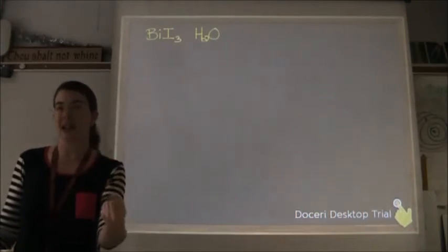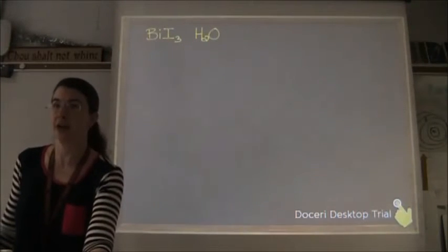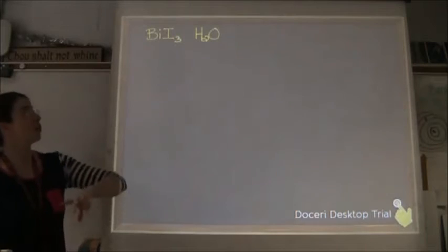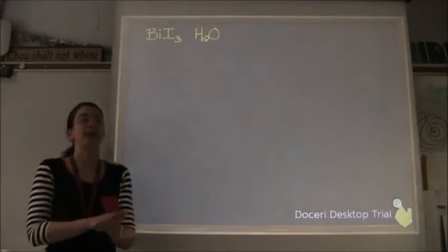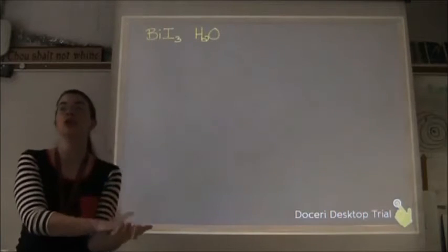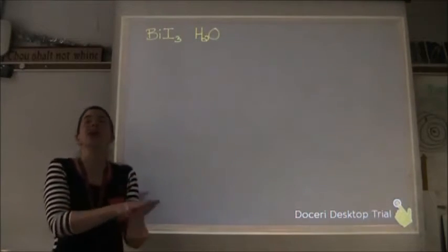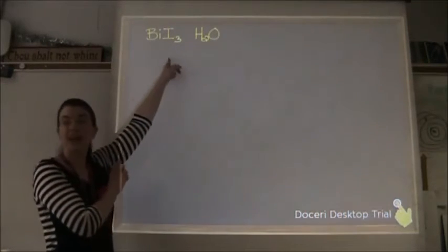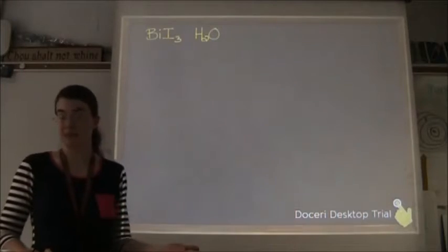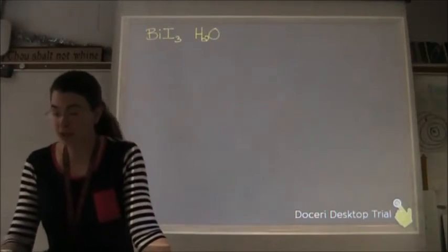It's a solid, like just a solid sitting on the counter. The ones that we've been splitting apart all along have been in solutions. They weren't in solid form, they were in aqueous form. I'm going to keep that together because it's a solid. These are my only major species.